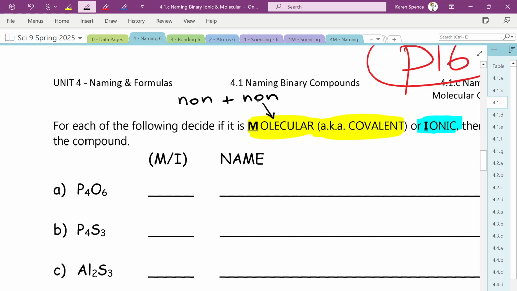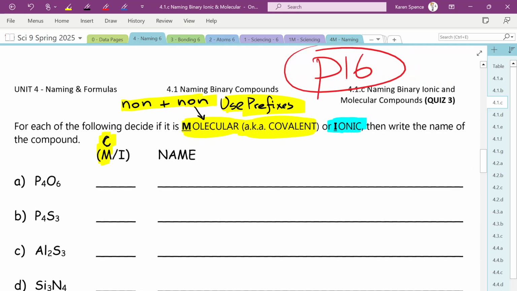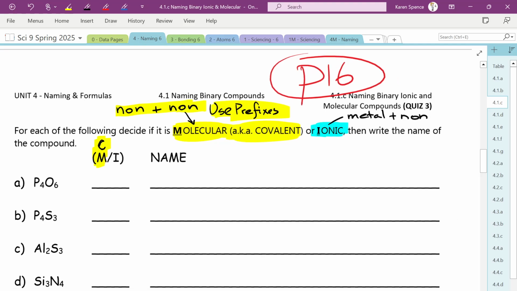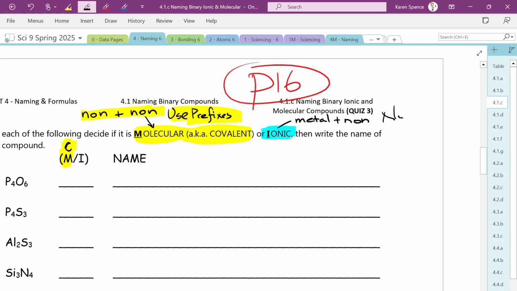And if it's a non plus a non, use prefixes. And you can either label it M for molecular, or you can label it C for covalent. So if you have non plus non, you're going to label it either C or M, and you're going to use prefixes. If it is ionic, that's a metal plus a non-metal. No prefix.